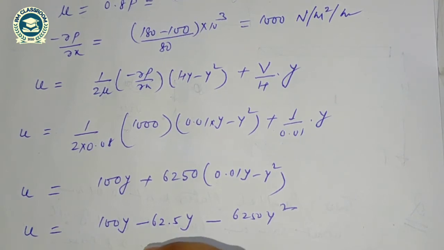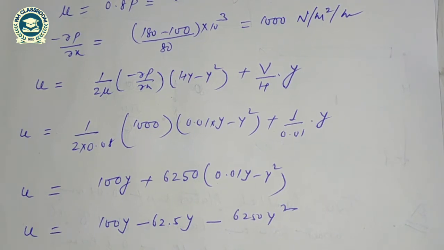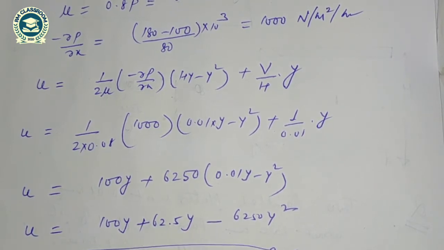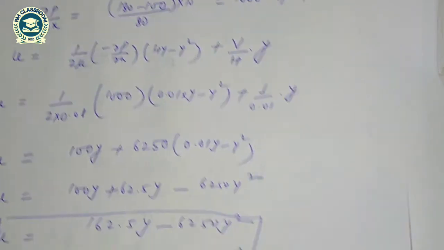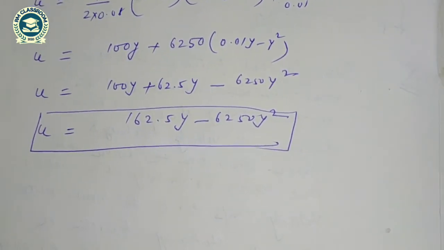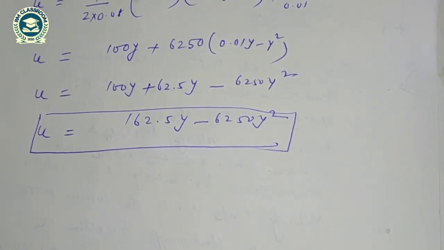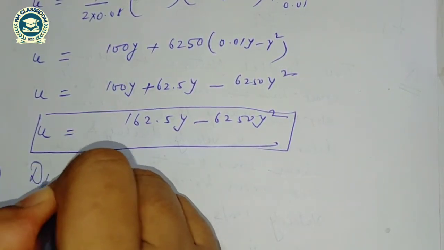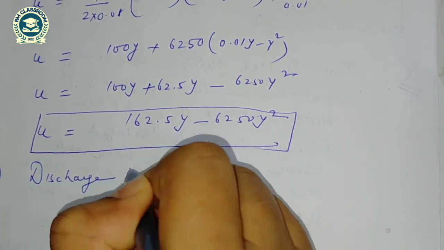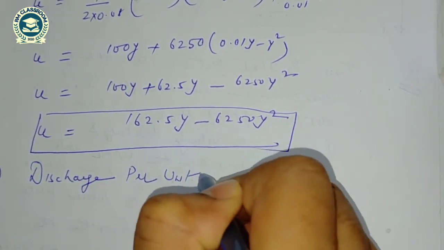So it can be written as, this value is positive, 162.5y minus 6250y square. So this is the expression of velocity. The first part I have computed the expression of velocity. Second part we have to compute discharge per unit width.